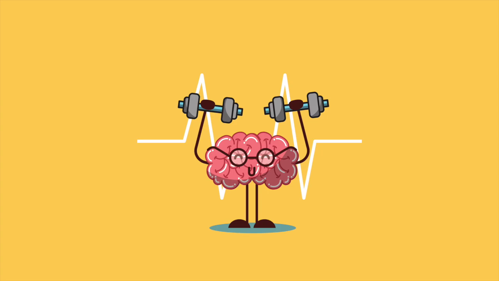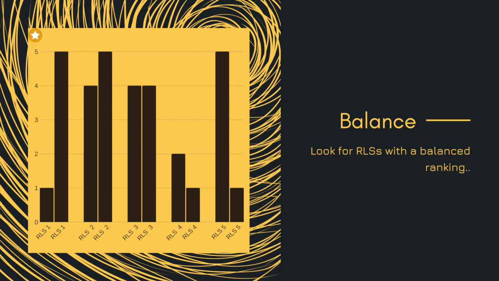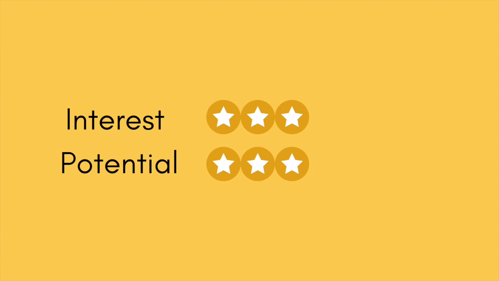So you are looking for RLSs that ranked 5-5, 5-4, or 4-4. If you don't have any of those, I would reflect on your 3s and ask yourself why you had those feelings and see if there isn't something that you could actually eke out of it if you talked about it a bit more.